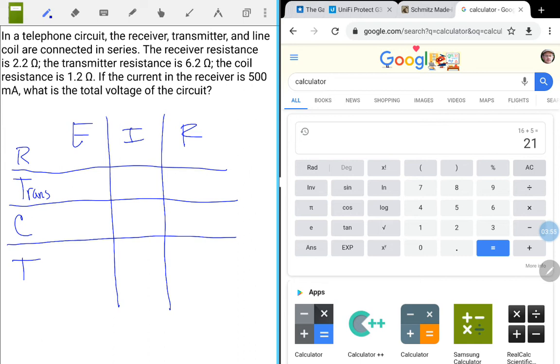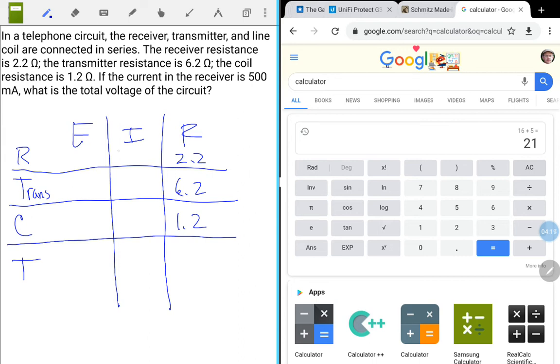Okay? Now, we are going to fill in the information given in the problem. The receiver resistance is 2.2. So over here beside receiver, under resistance, 2.2. The transmitter, 6.2. And the coil, 1.2. If the current in the receiver is 500 milliamps, what is the total voltage of the circuit?